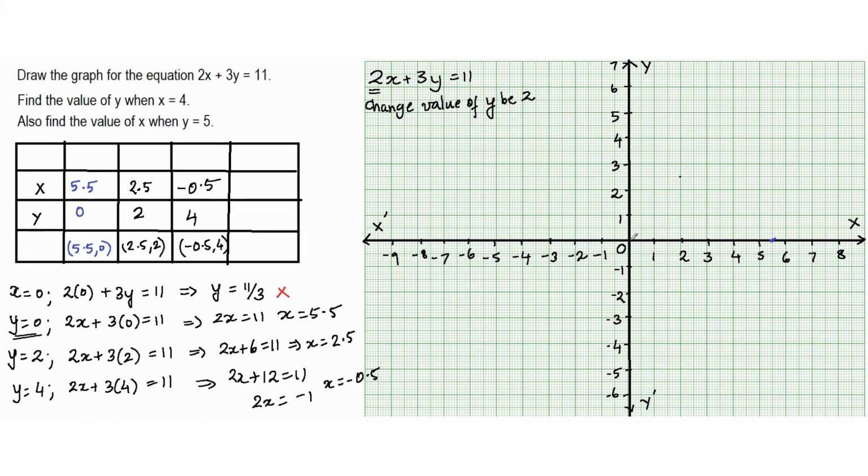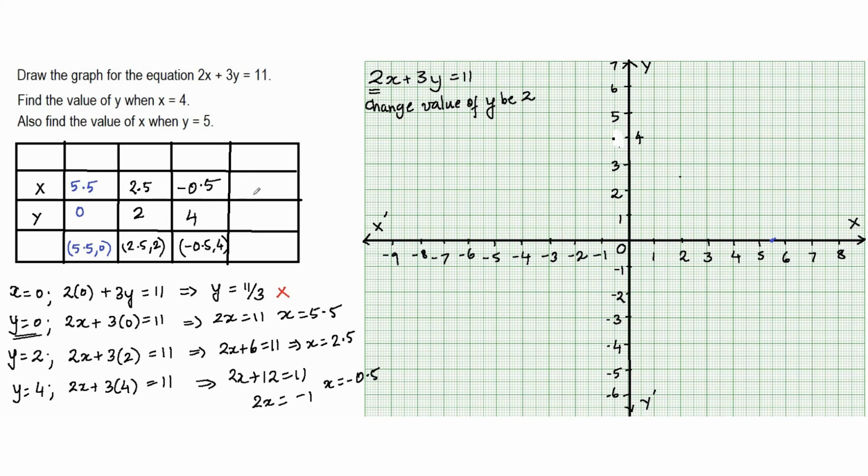So let us quickly plot this point also. Minus 0.5 is right over here, and 4. So we are talking about this particular point. So let me erase the 4 that was written here. And the point is right over here, minus 0.5, 4. This is the third point.